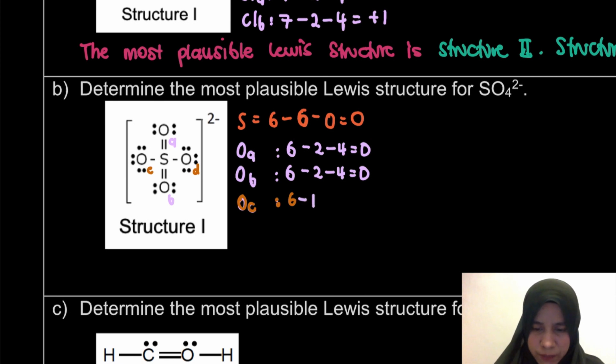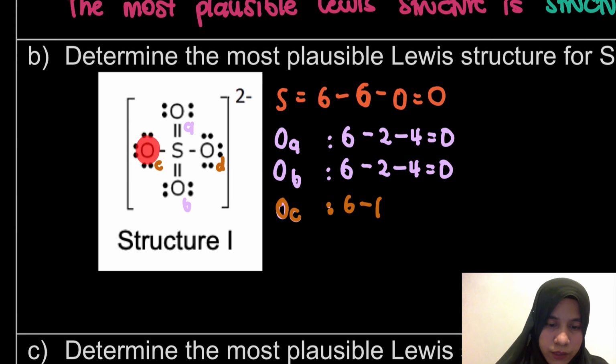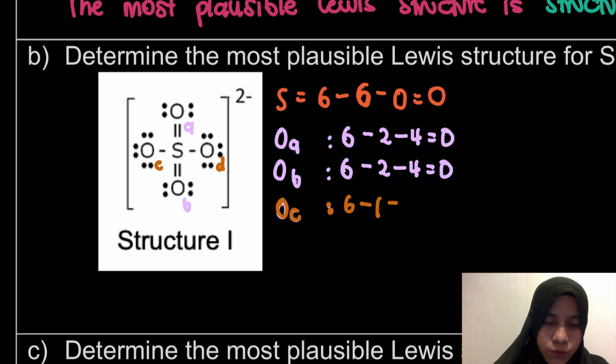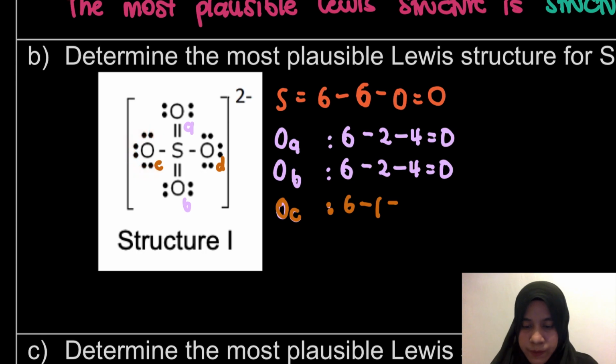Guna color ni juga. Minus 1. Okay, why 1? Because here, oxygen ni ada satu saja bond. Only 1. Minuskan dengan 6 electron, non-bonding electron. 1, 2, 3, 4, 5, 6. So, minus 6. Minus 6 is actually negative 1.